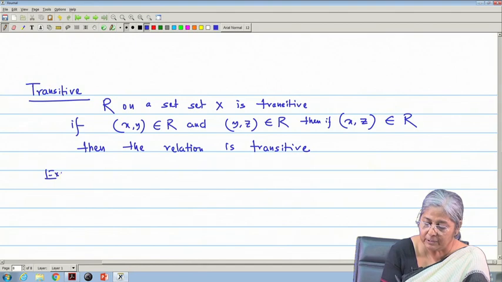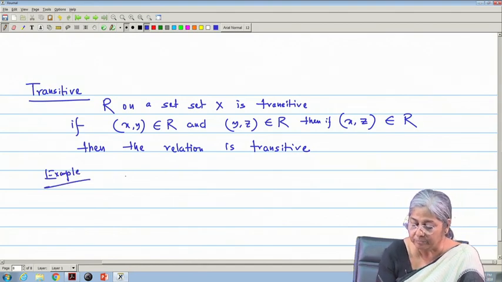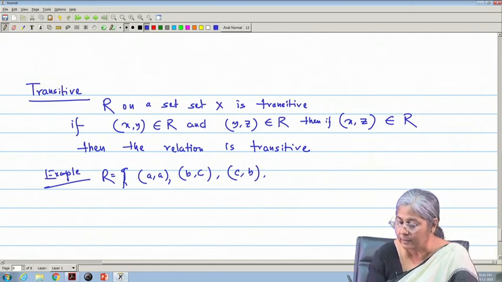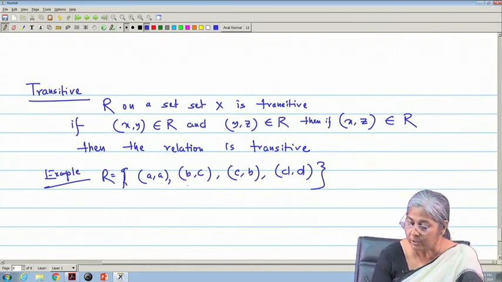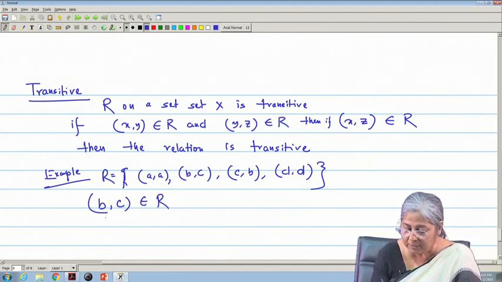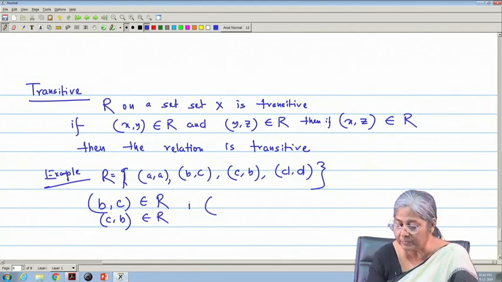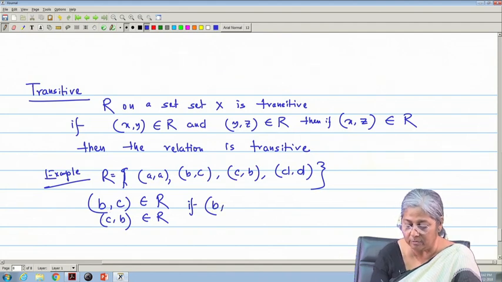So, with that same simple relation, if we consider R with (A, A), (B, C), (C, B), (D, D): (B, C) belongs to R and (C, B) belongs to R, then we need (B, B), because (x, y), (y, z) gives (x, z), that means here it is (B, B).